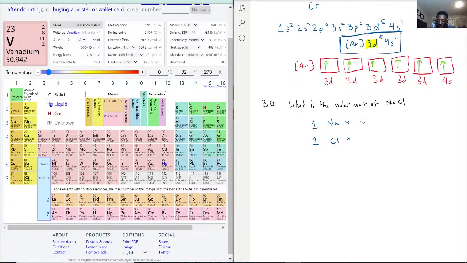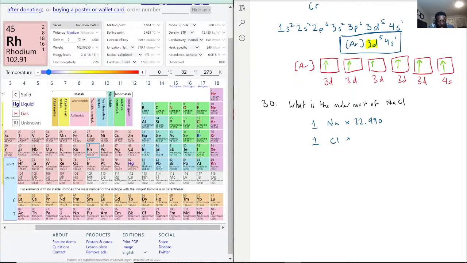Ooh, you can tell that I'm getting a little burnt out, because even this question is giving me issue. But exactly, we get the atomic mass for sodium right off the periodic table, and then we get the atomic mass of the chlorine. This is not perfect, so we have 22.990 times 1.